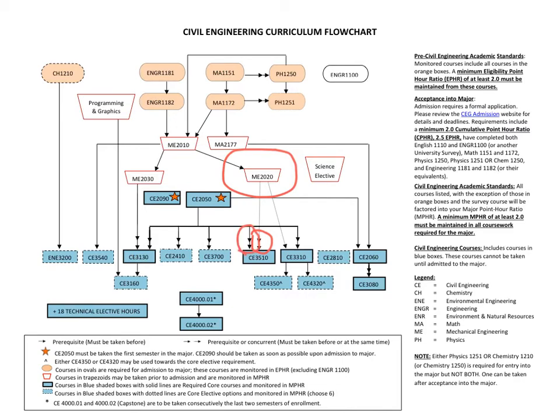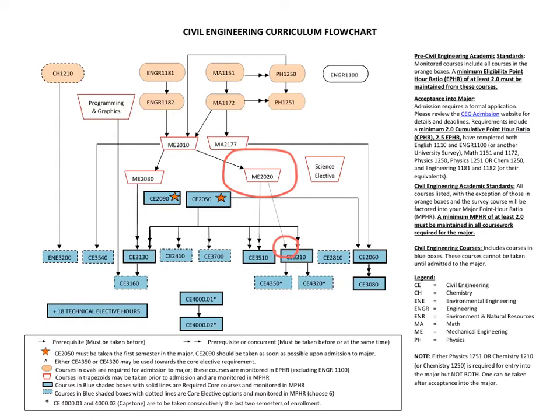However, if you notice there's a single arrow going from ME 2020 to CE 3310, that means while you can take CE 3310 at the same time as 2050, you do need to complete ME 2020 before you take CE 3310. So it's really important to make sure that you're paying attention to those arrows on this flowchart.